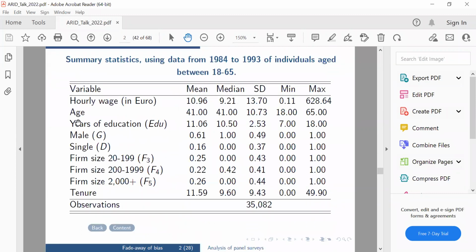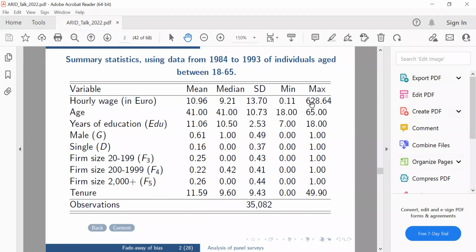And this is some summary statistics. For example, you see that hourly wages, when we are talking about the survey 1984 to 1993, at that time the hourly wage in Germany was something like 11. And the minimum value is 11 cents, maybe some part-time job holders are there.